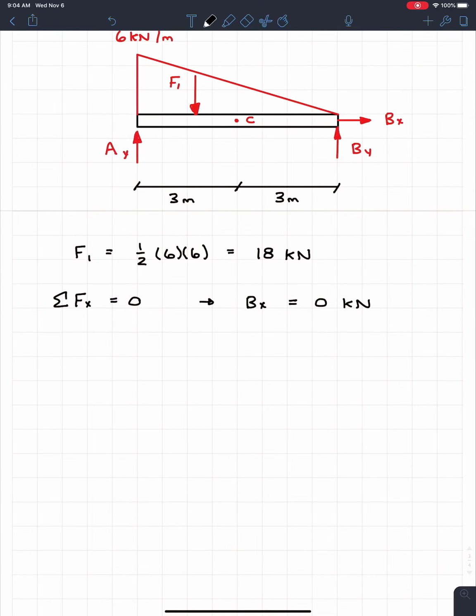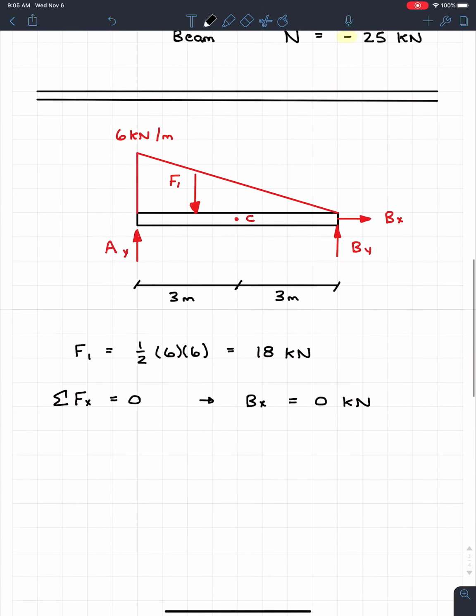And what does that mean? Well, you guys will see later that that actually means that there's no normal forces on the beam. And you guys will actually come to see this quite a bit. So when it comes to normal forces on a beam, there's usually none, because the whole point of beams is to resist forces that are perpendicular to the beam.